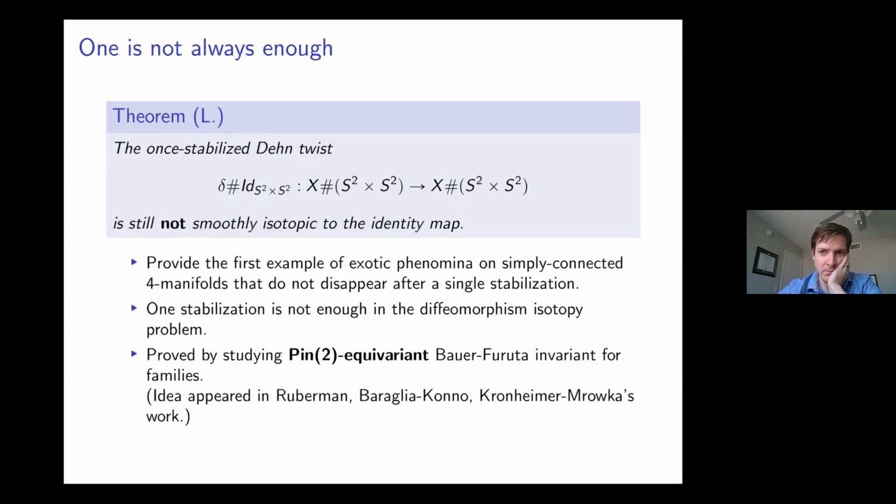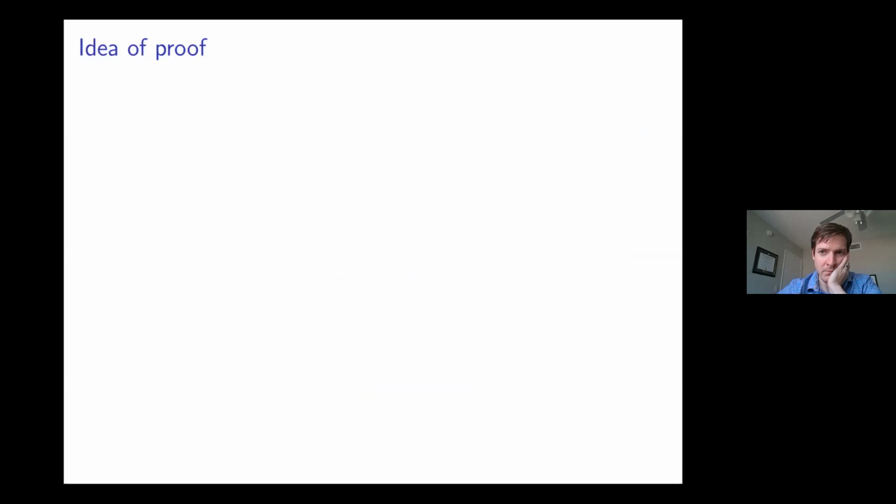Okay, let's move on. Let me give some idea of the proof. As the standard way to study this isotopy problem, one can form a mapping torus of this Dehn twist. We denote this mapping torus by M, so it's a 5-dimensional manifold.